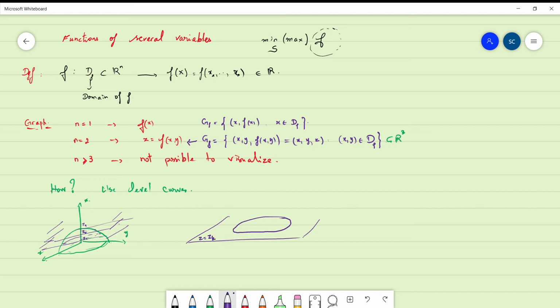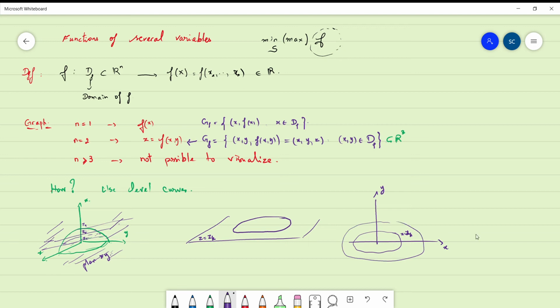Suppose you increase your planes, then you use the projection in the plane xy and plot these traces there. With some software we can even locate the value of the level at which we took each level curve.